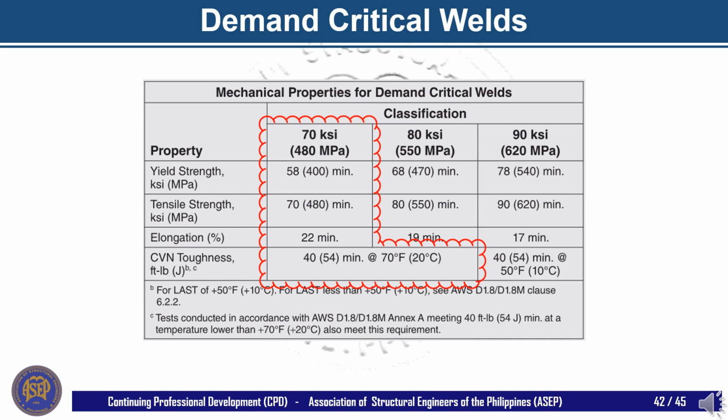For demand critical welds, the deposited weld metal is required to demonstrate a minimum Charpy V-notch or CVN toughness of 40 pound-foot at plus 70 degree Fahrenheit. And this requirement was developed based on loading conditions, connection details, workmanship standards, and the inspection requirements.